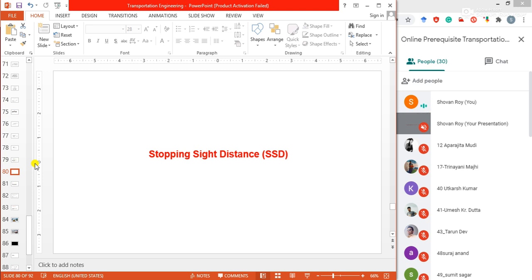If the value of stopping sight distance is available, multiply it by 2 and easily we can get the ISD.